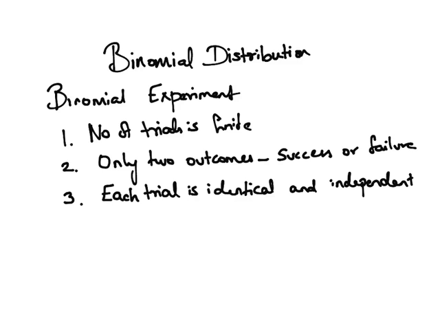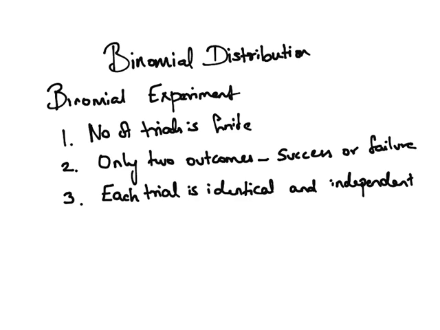Now this is the third property, students. Each trial is identical and independent. To give you an example, let's say tossing a coin 6 times. The first trial is tossing the coin for the first time. The second trial is tossing the coin the second time. Don't you think that each time when you toss, the experiment is identical, isn't it?